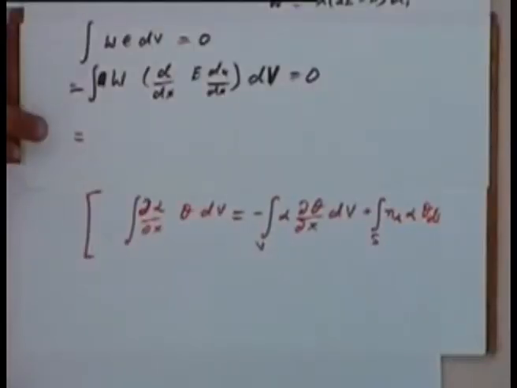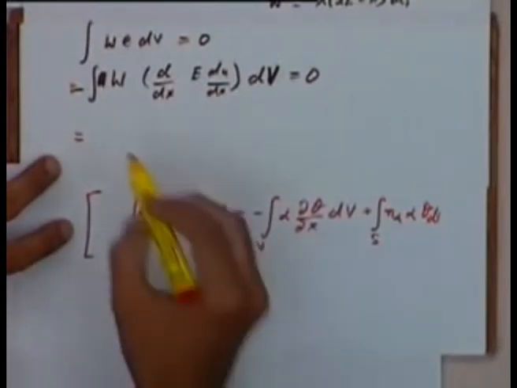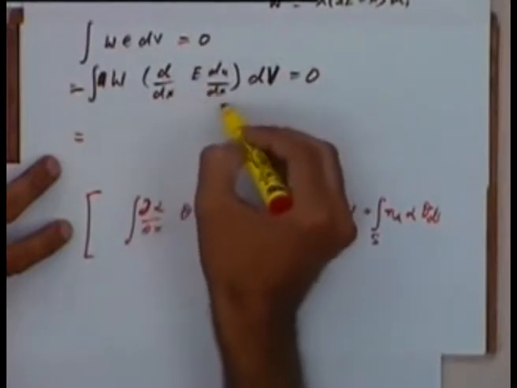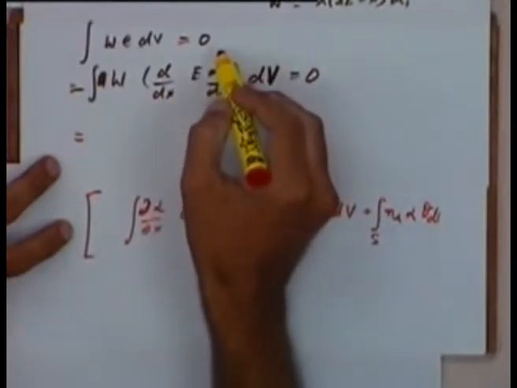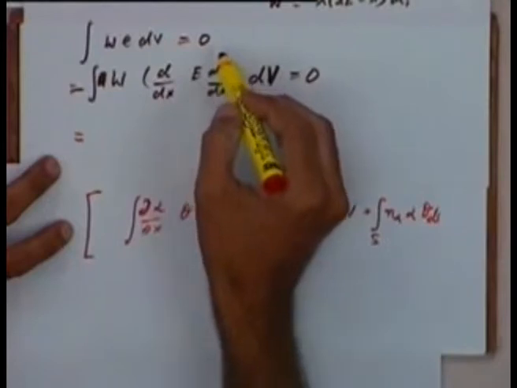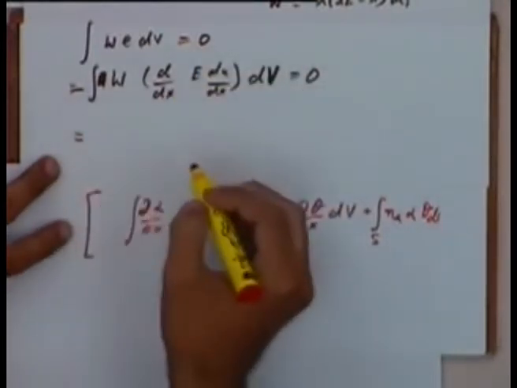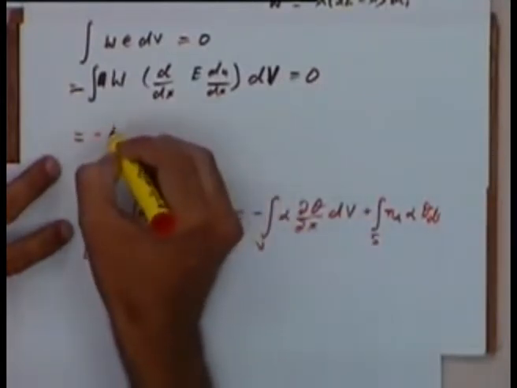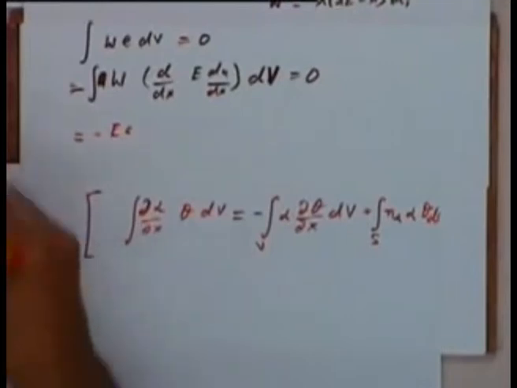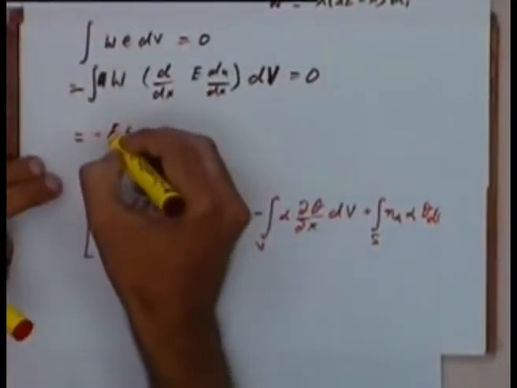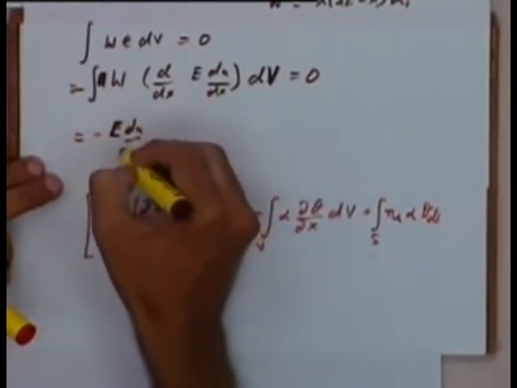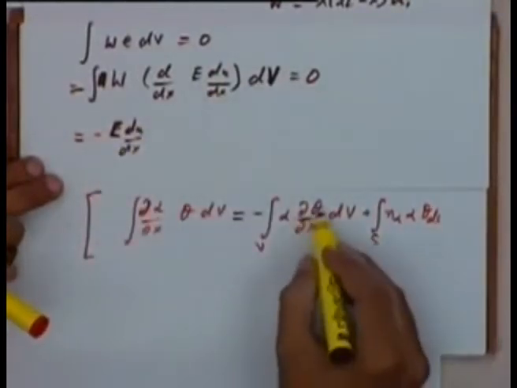If you use this expression over here, your W is the same as theta and this alpha is this expression. If alpha is this expression, we can simplify it now. We get minus the integral of E du by dx into del theta by del x.